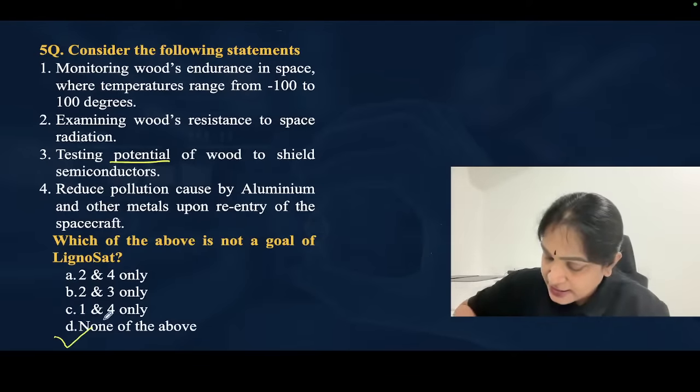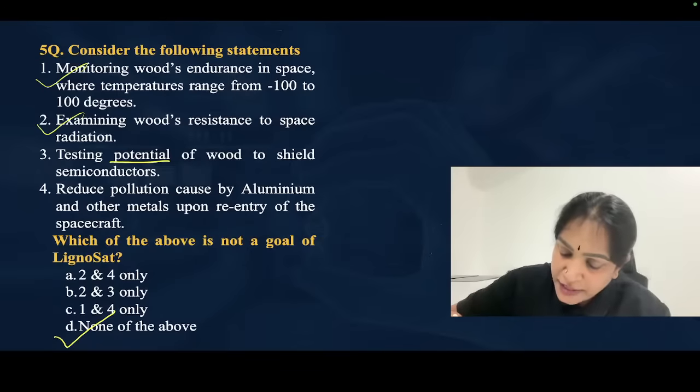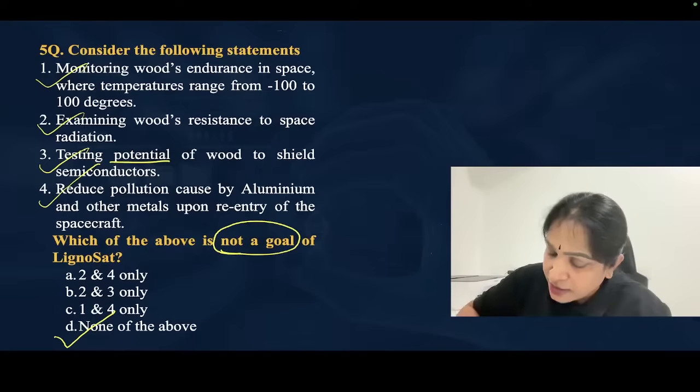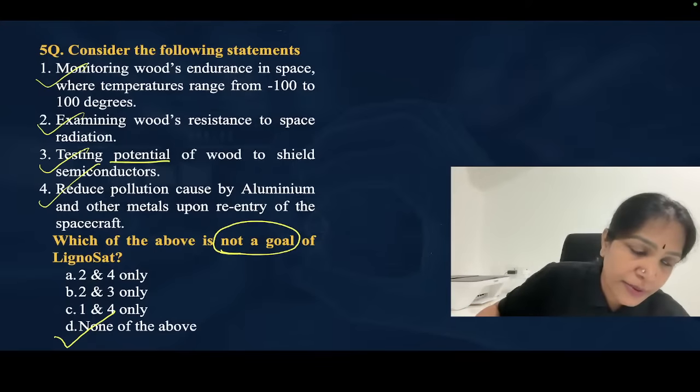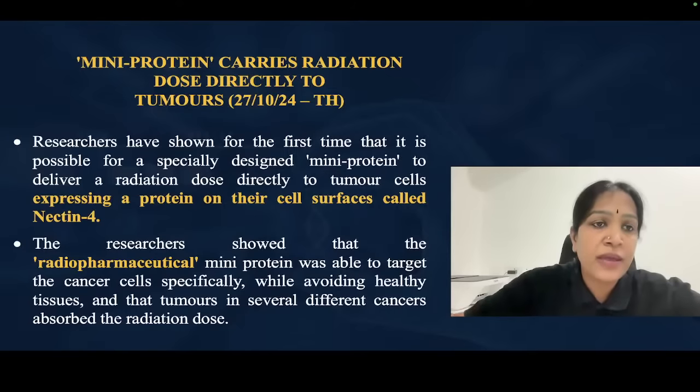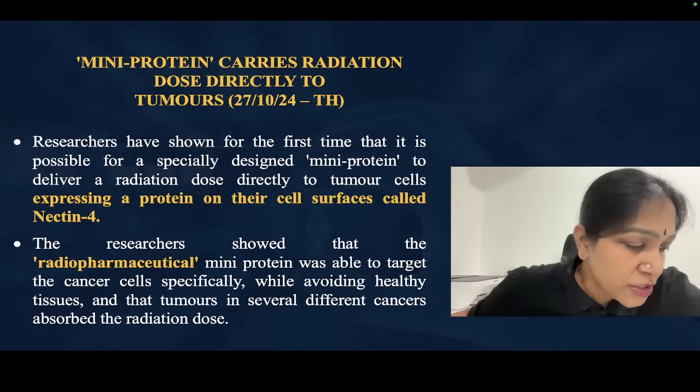Yes, D is the right answer because all of them are correct. And the question is which is not a goal. None of the above is not a goal because all of them are the goals. That's it. Now, moving on to the next question.